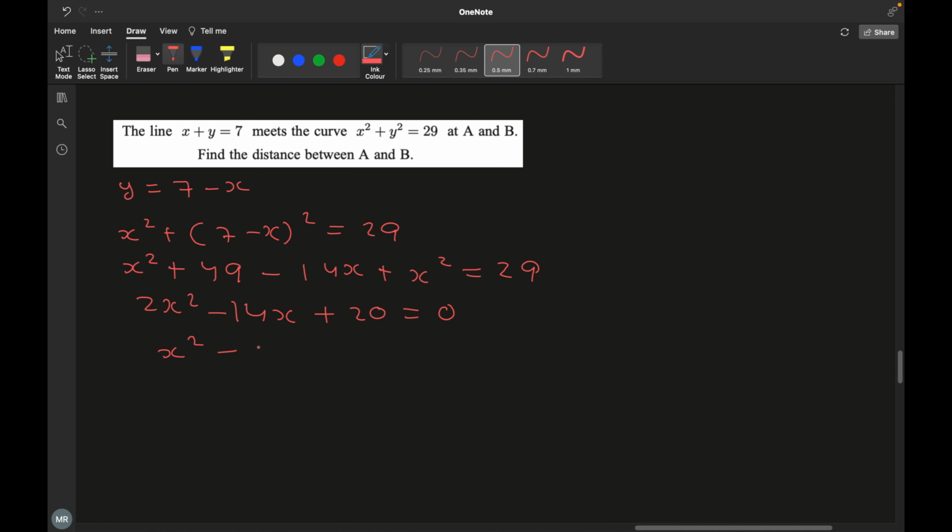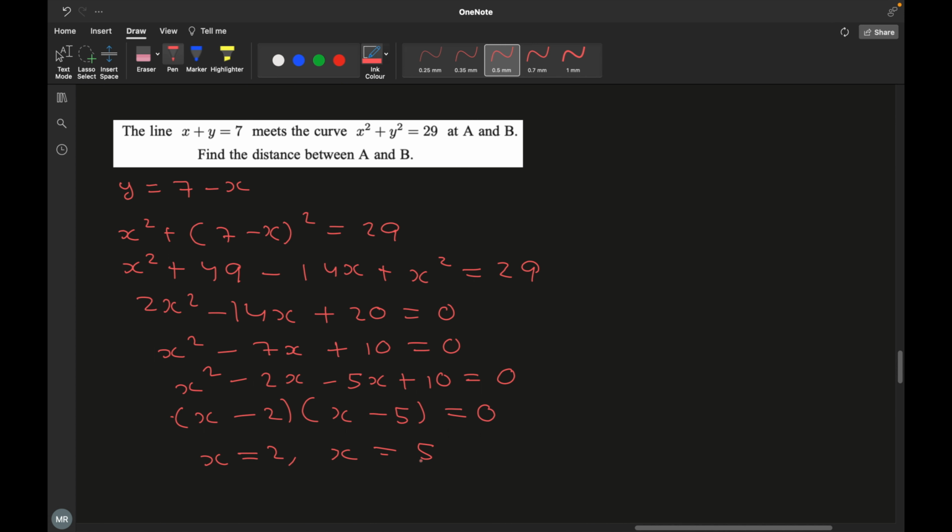So x squared minus 7x plus 10 equals 0. So this would be x squared minus 2x minus 5x plus 10 equals 0. This would be x minus 2 into x minus 5 equals 0. Therefore, x equals 2 or x equals 5. These are the two intersection points.